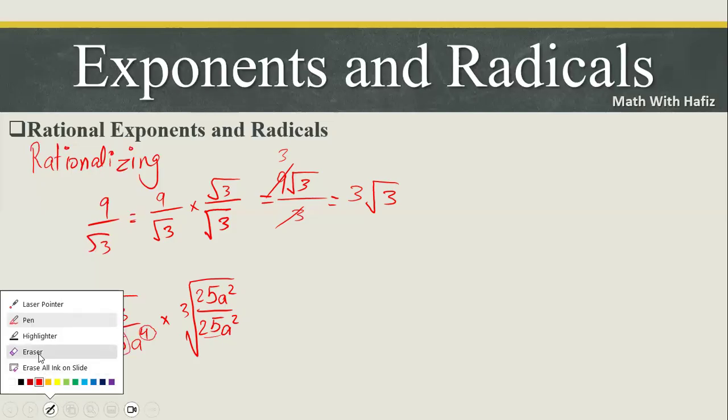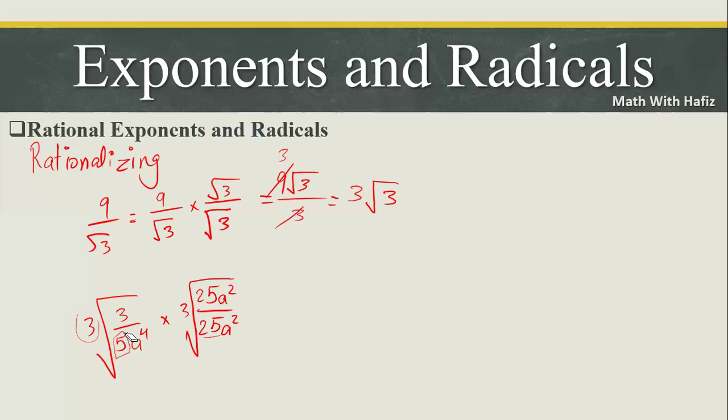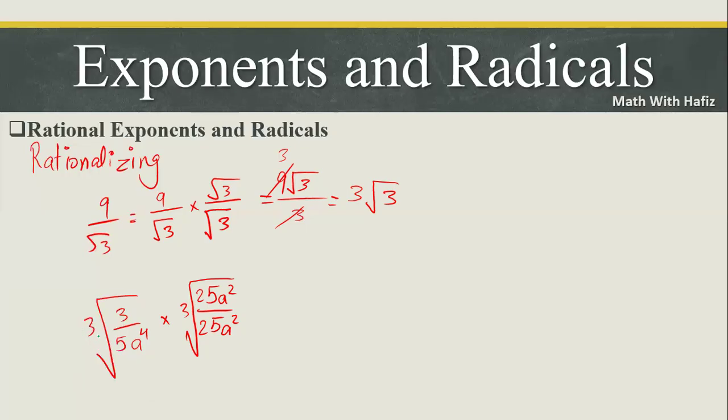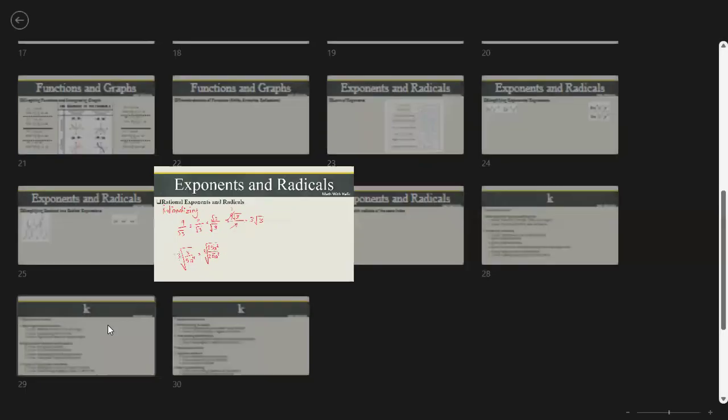So the answer for that is, as we can see, the power is cube, right? So I have to check the number with which I would multiply, which will cancel at the end the last power, which is the cube root.